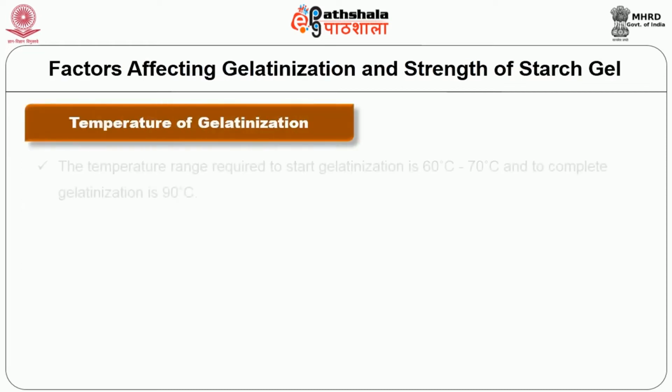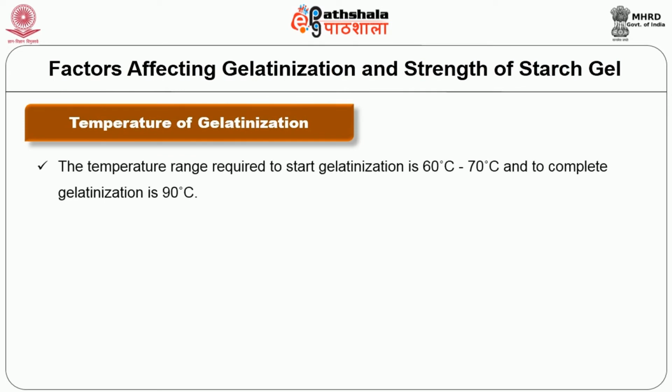Now we will have a look at the various factors affecting gelatinization and strength of starch gel. Temperature of gelatinization. The temperature range required to start gelatinization is 60 degrees Celsius to 70 degrees Celsius, and to complete gelatinization is around 90 degrees Celsius.